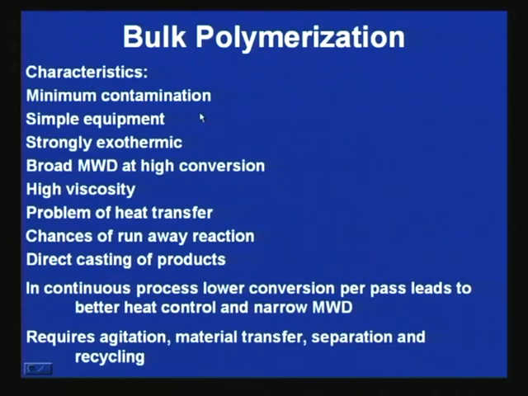So, the purest form of the polymer can be available for medical purposes, biomedical engineering, where purity is a criterion. There you can use this bulk polymerized polymer. Simple equipment can provide this bulk polymer manufacture by the bulk technique.